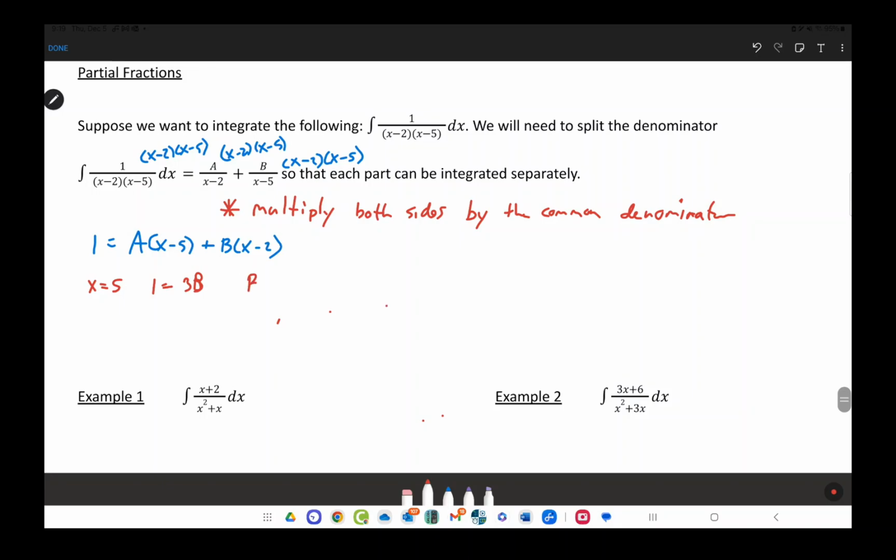So that means B equals 1/3. If I plug in the other zero, x equals 2, then 2 minus 5 is negative 3, so 1 equals negative 3A, which means A equals negative 1/3.